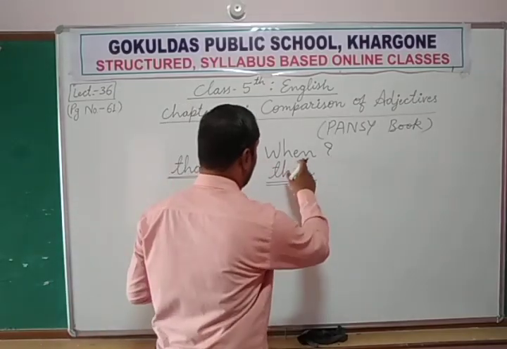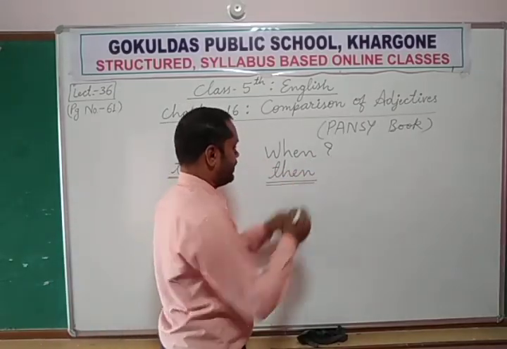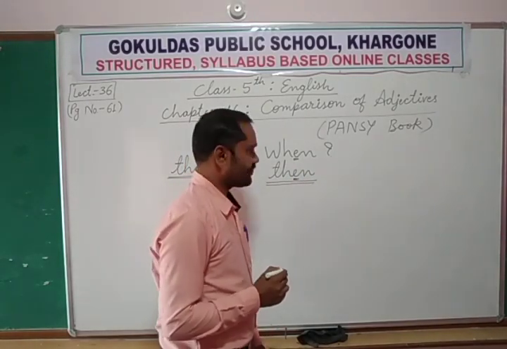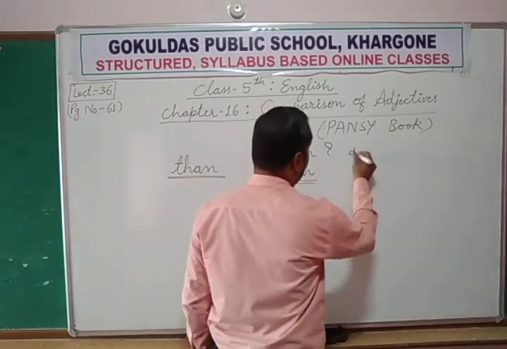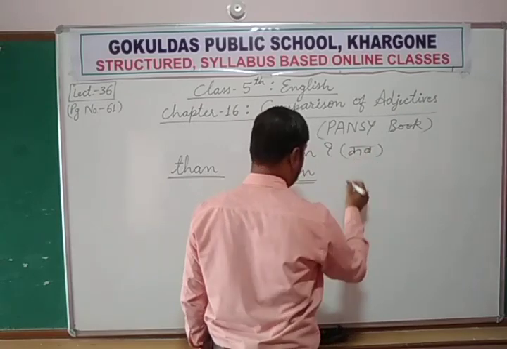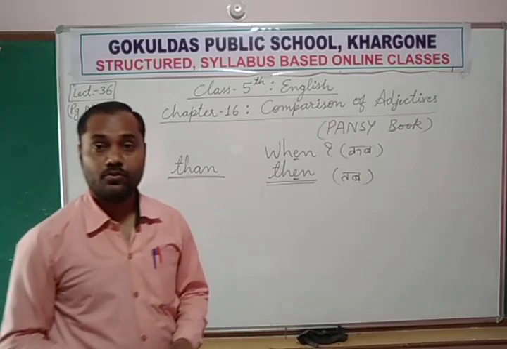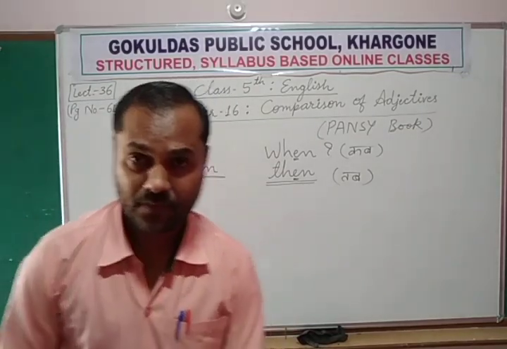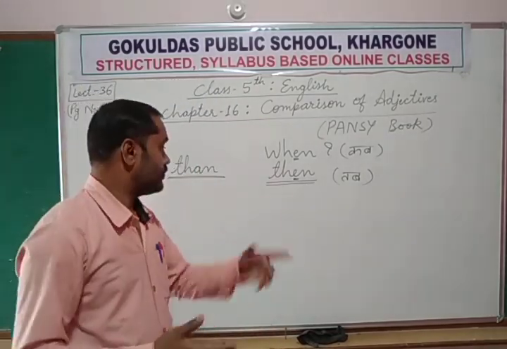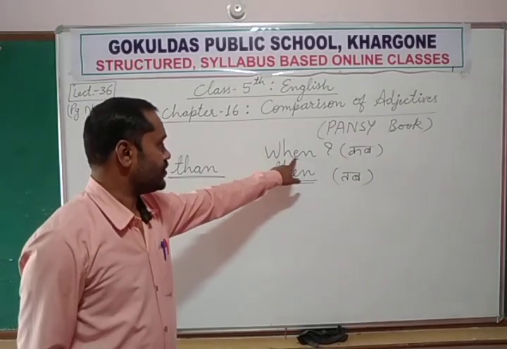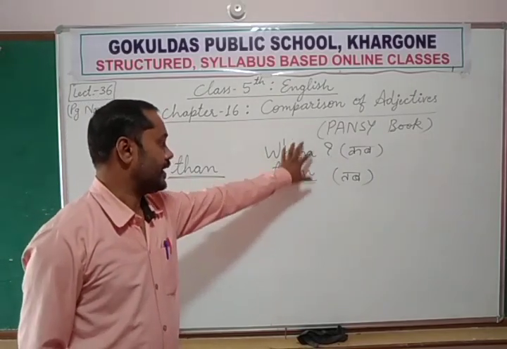So when and then, these both contain E. When means kab, then means tab. So these two are used to show time. The spelling is common, HEN.